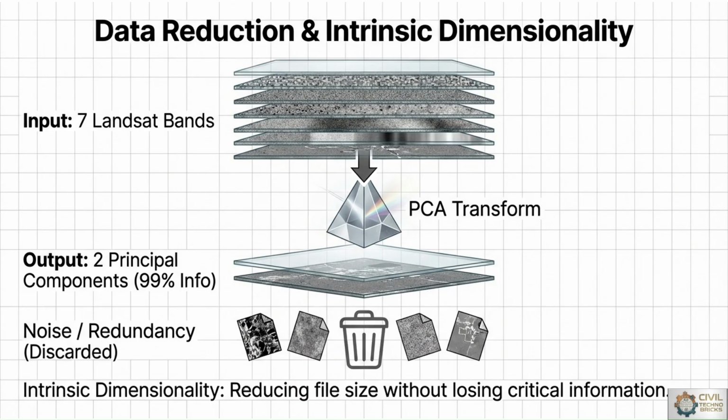So intrinsic dimensionality means reducing file size without losing critical information. That means data reduction and data dimensionality is the process where we can reduce data, but we can't change the actual information enclosed in that data set.